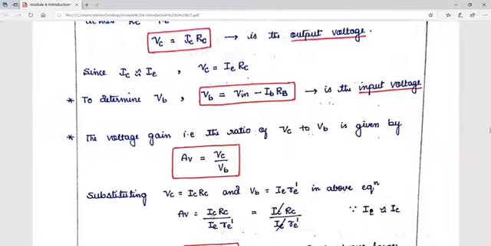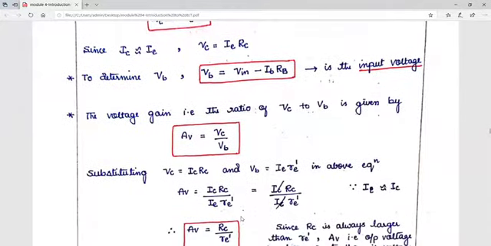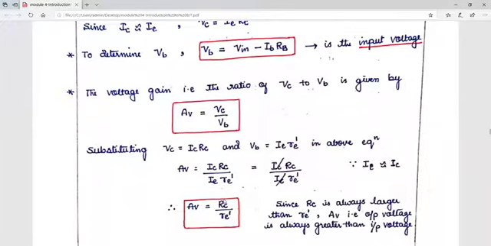If you substitute these equations, we know that IC and IE are almost equal, so they cancel each other, and we get the voltage gain formula as RC divided by RE dash.